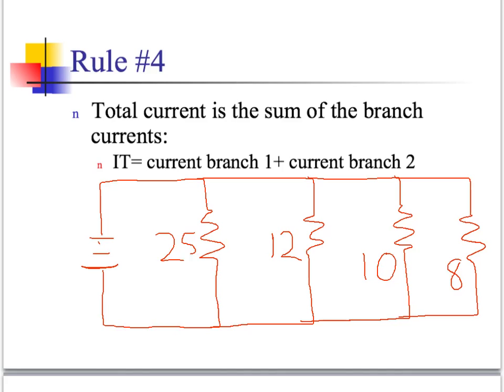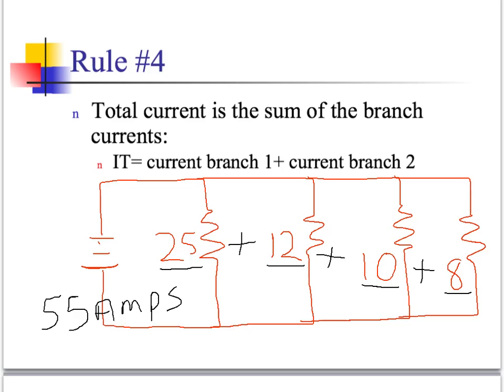Here again in Rule 4, I kind of re-emphasize the total current again. And again, what are we doing? We're adding light bulbs, we're adding loads, we're just simply adding more devices to an existing circuit. And so in this case we're just going to add 10 to 8 and add 12 and add 25, and again we end up with 55 amps, because we're measuring current, the speed at which the electrons flow.